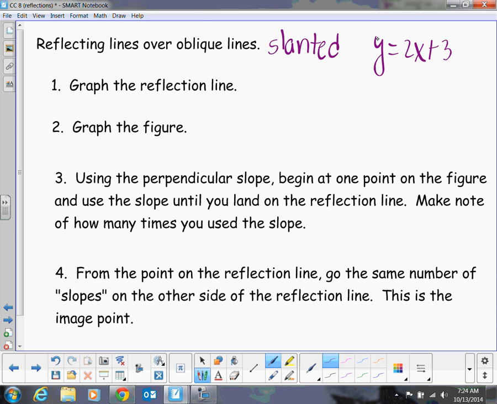So everybody should have a piece of paper right now. This is a continuation of CC8 notes. You will not find this in the textbook. Next 2 days are my supplement for the EOC objective.